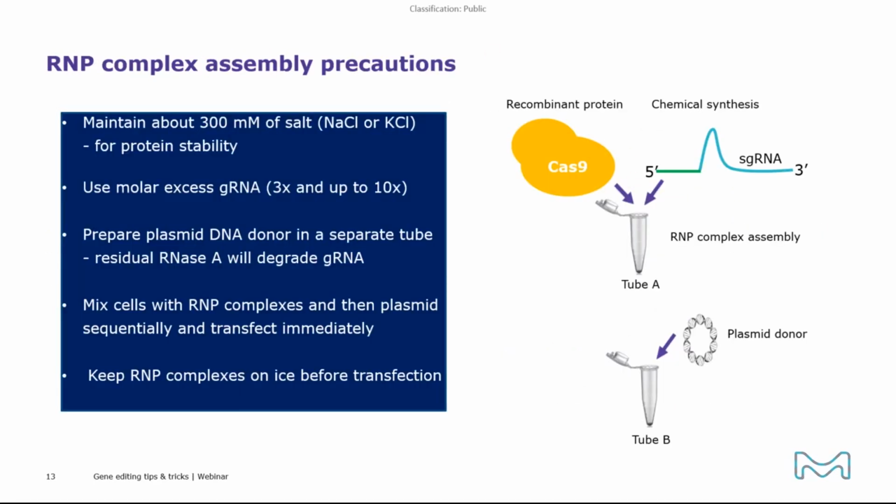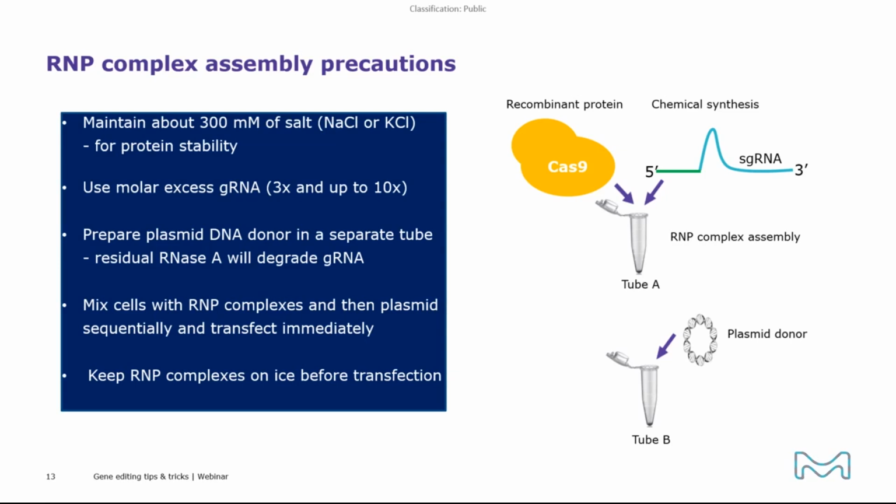How you prepare RNP complexes for transfection can also have a major impact on editing efficiency. And here are some observations we found to be useful in preparing Cas9 RNP complexes. You want to maintain about 300 millimolar of salt in the assembly to keep Cas9 protein stable.